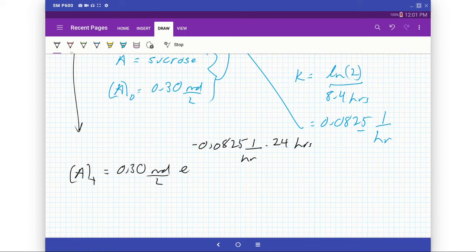The units of hours cancel, which makes my exponent unitless, which is what it needs to be.